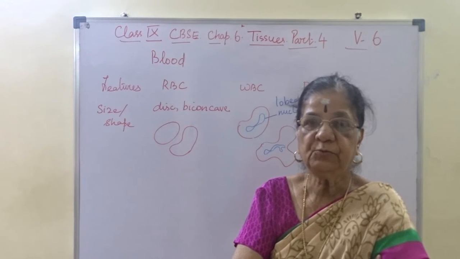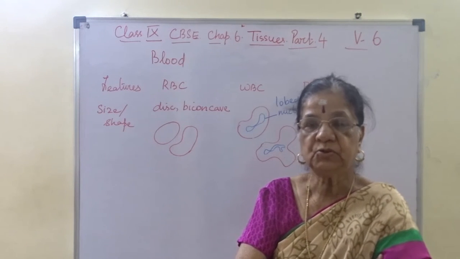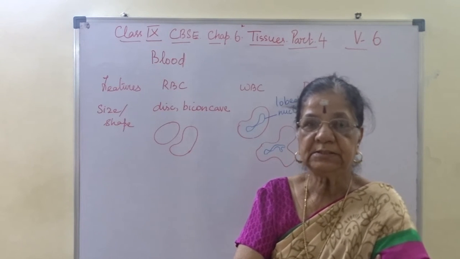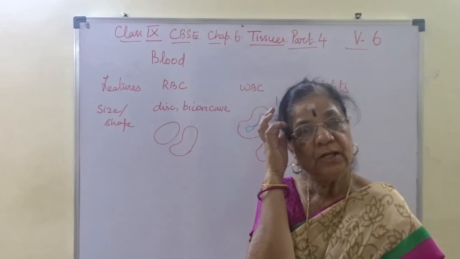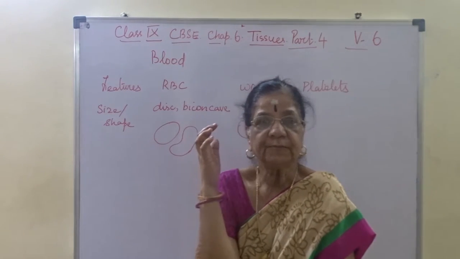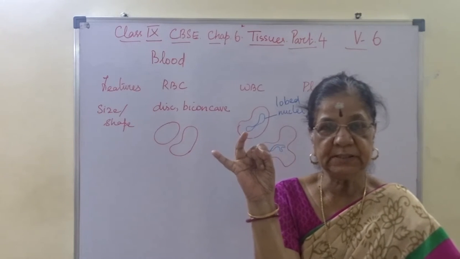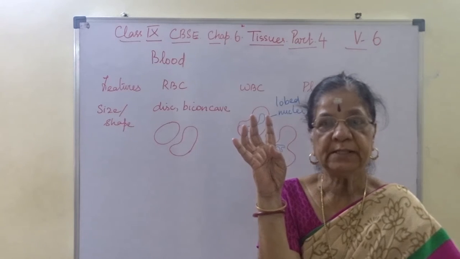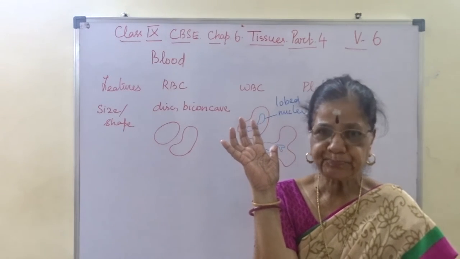And in video 5 we continued with the animal tissues, where we have learned epithelial tissues, connective tissues, muscle tissue and nervous tissue. Epithelial tissues are squamous epithelium, ciliated epithelium, columnar epithelium, cuboidal epithelium and glandular epithelium.